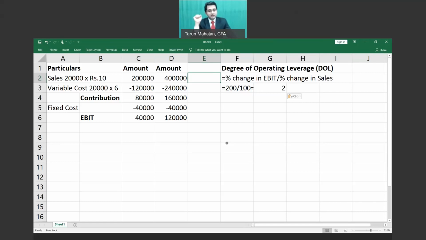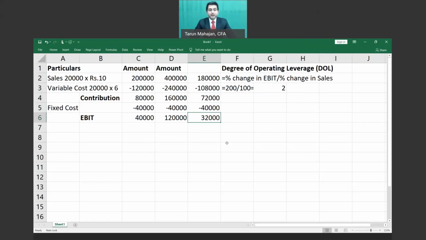Say if I make sales equal to 1,80,000, then variable cost will also reduce by 10% and it will become 1,08,000. So contribution will also reduce by 10%. It will become 72,000. Fixed cost will remain same, 40,000. So in that case, my profit EBIT will come to 30,000.